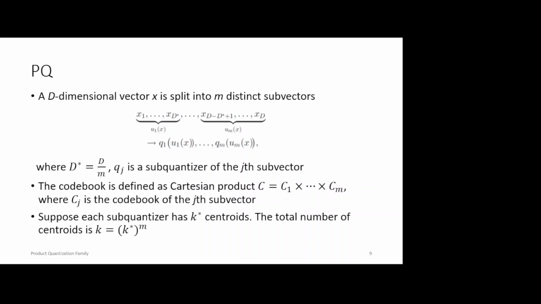K star is the number of codewords in each subspace, and n is how many subspaces there are. So you can generate so many centroids by using PQ.